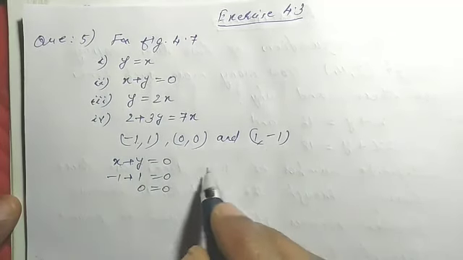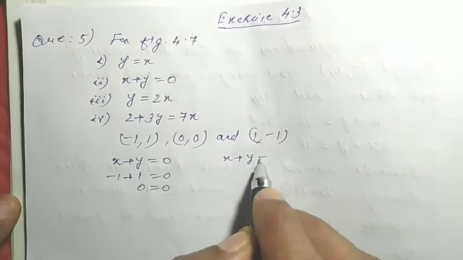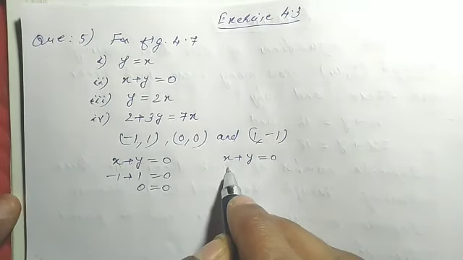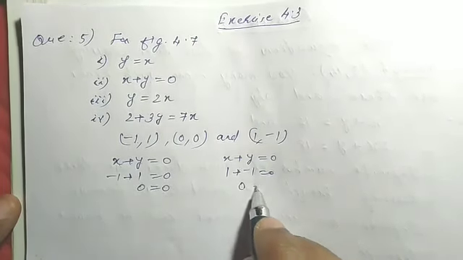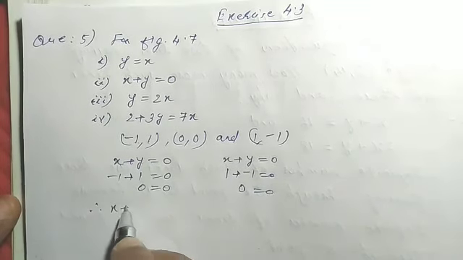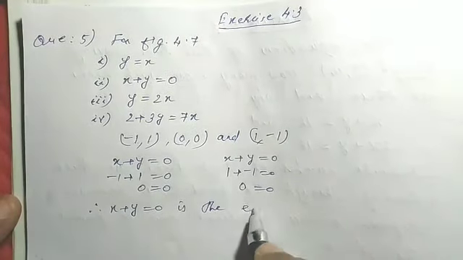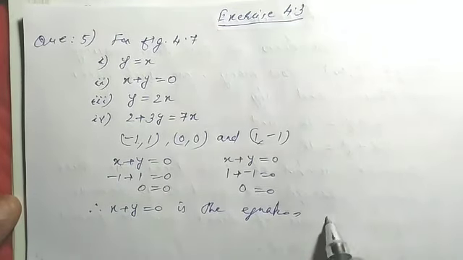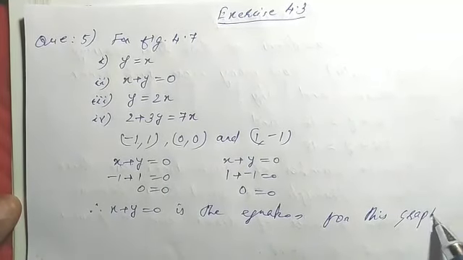Next, x is equal to 1, y is equal to -1: 1 plus -1 is 0, which is equal to 0. Therefore, x plus y is equal to 0 is the equation for this graph.